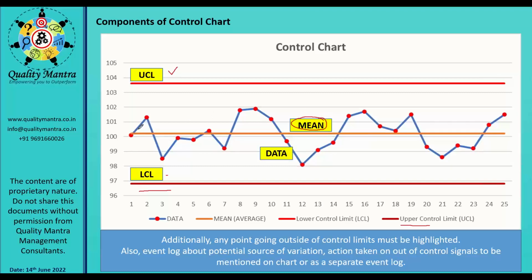Then there are data points. So the components of the control chart are data points, mean value of the data, that is historical mean basically, and the LCL and UCL. Apart from that, there will be an event log.